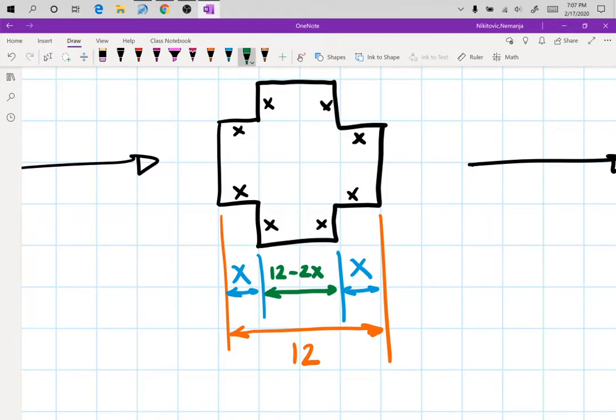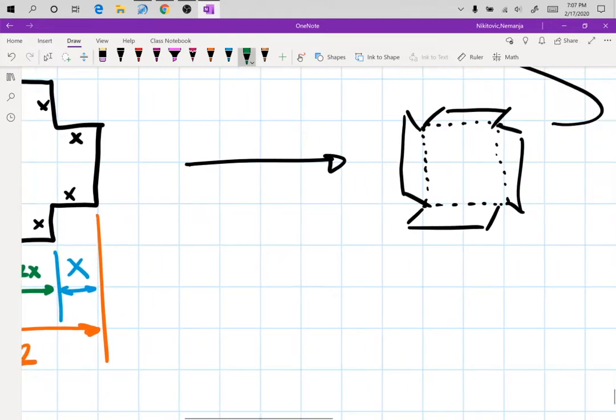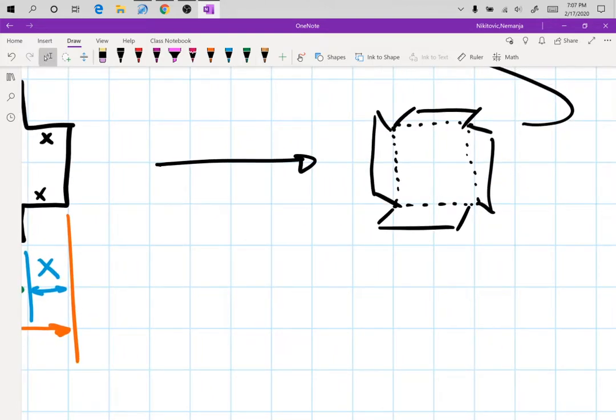Minus 2x, they cancel, and you're left with 12. So when you punch out these, now we know that the box over here is 12 minus 2x by 12 minus 2x, and that each of the heights is x.